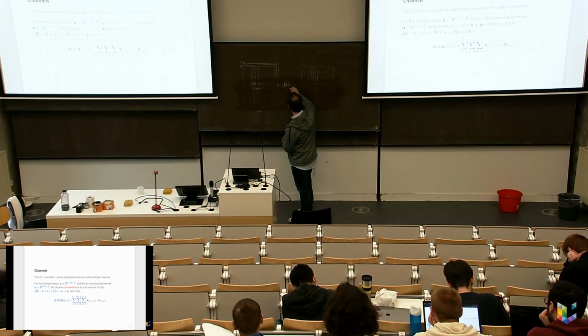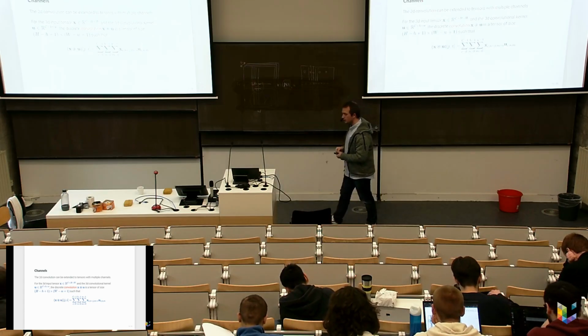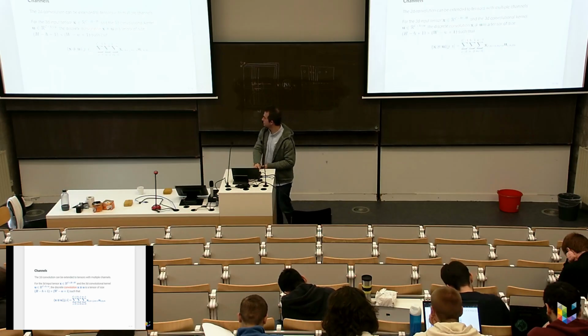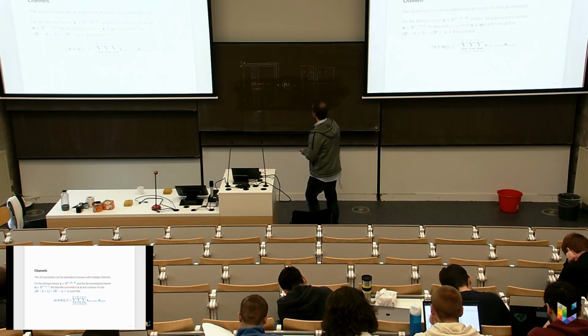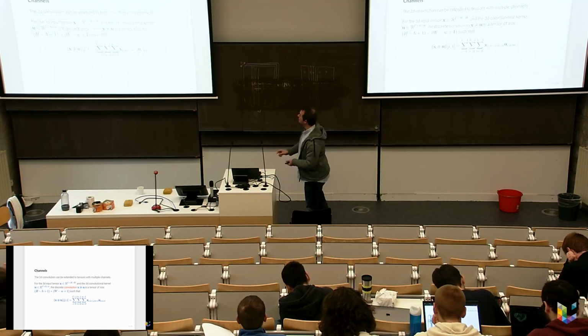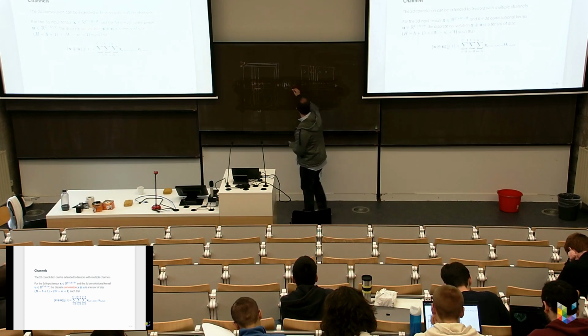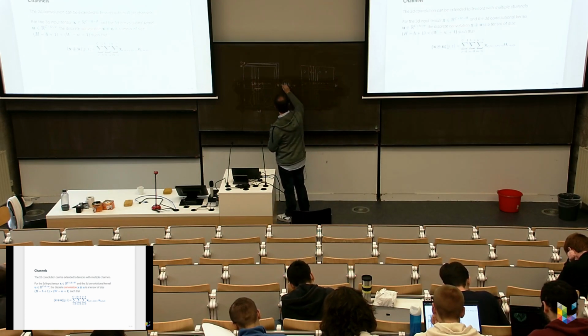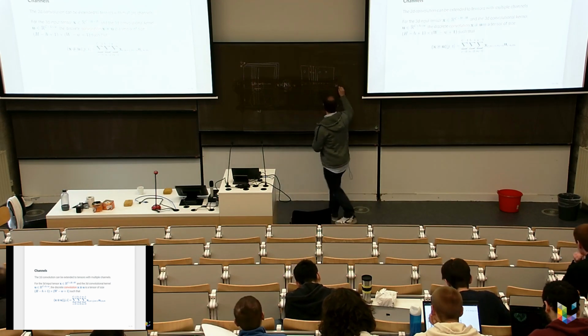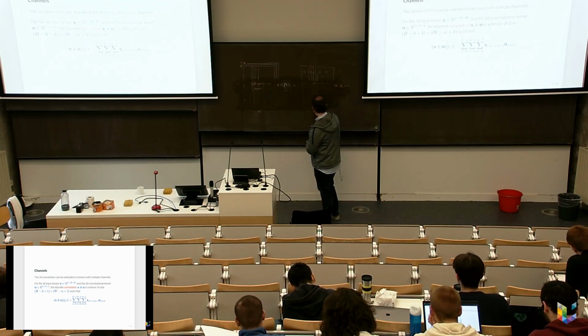And this will be C as well. Okay? And the output now of this convolution will be a map of size H minus small h plus 1, W minus small w plus 1.